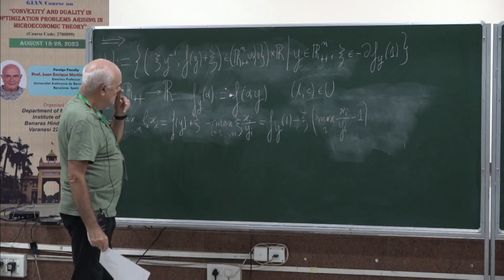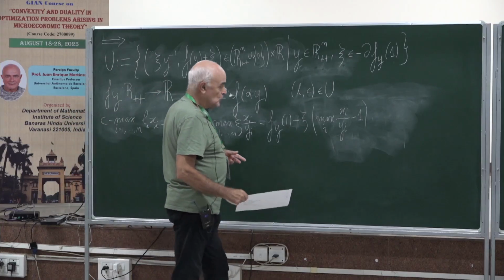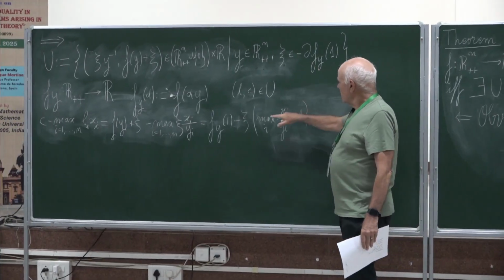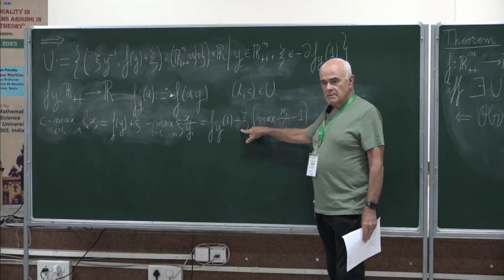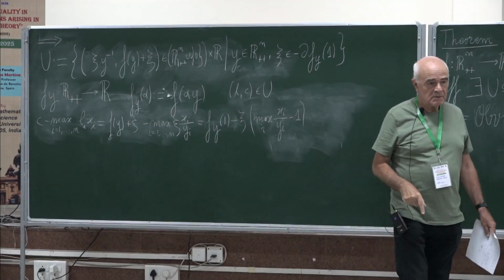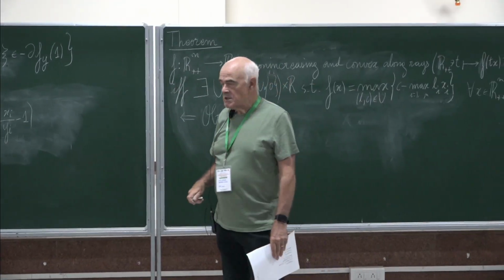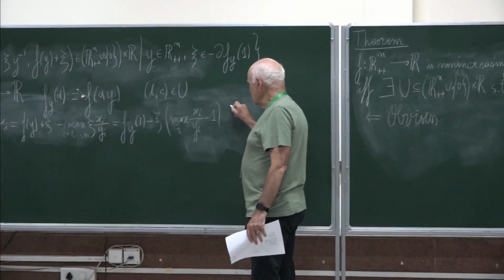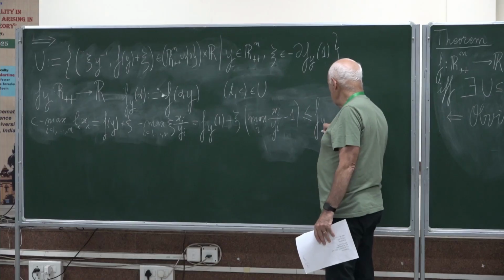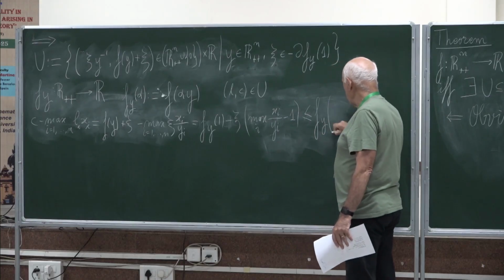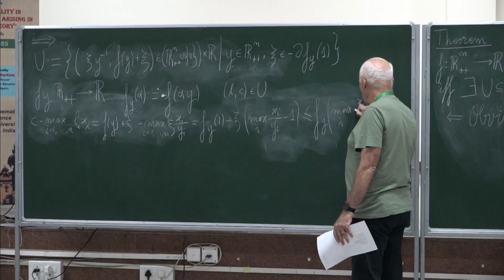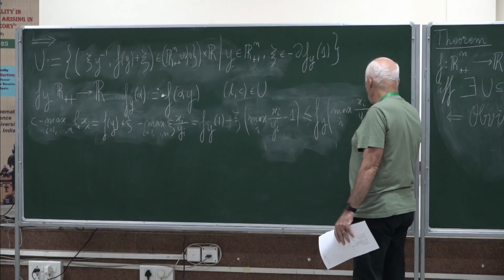And now, what's the conclusion? What do you know about minus xi? It's a subgradient of fi at 1. So use the subgradient inequality to conclude that this is less than or equal to fy of the maximum over i of xi divided by yi.